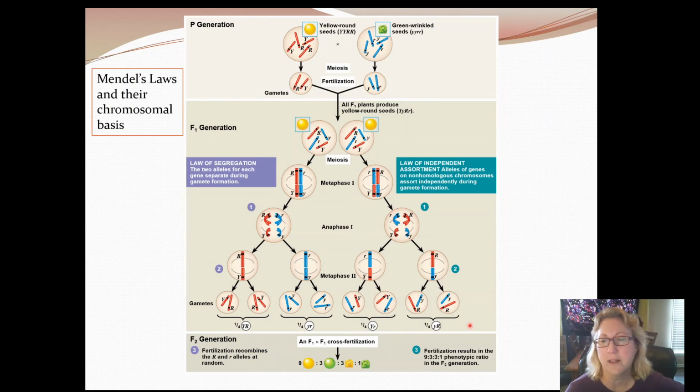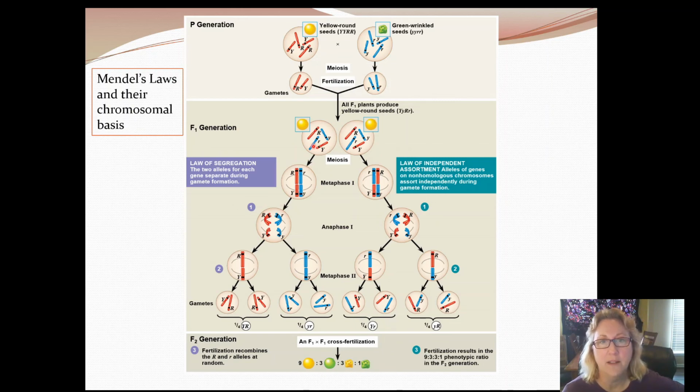And we will expect these to be equal. They're all equally likely if these genes are on different chromosomes in a dihybrid cross. We expect them to all be equally likely, and if you cross them together, you will get that Punnett square that I showed you in the previous lecture with the 9 to 3 to 3 to 1 ratio of phenotypes.